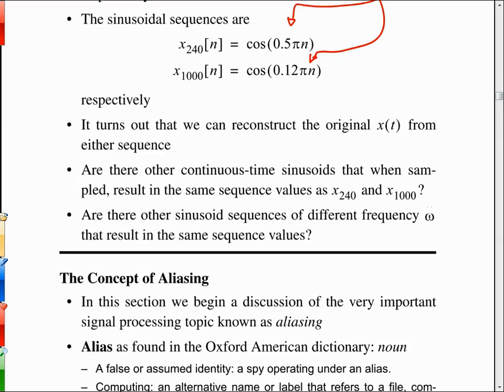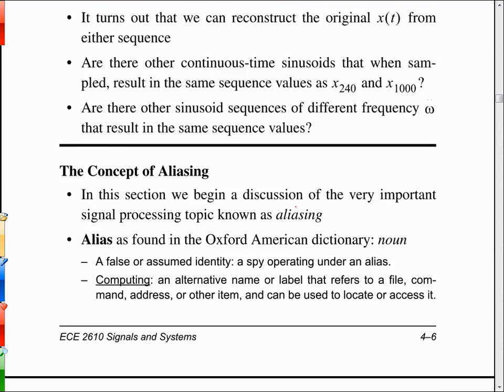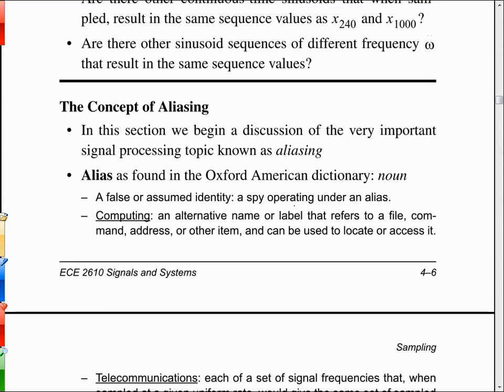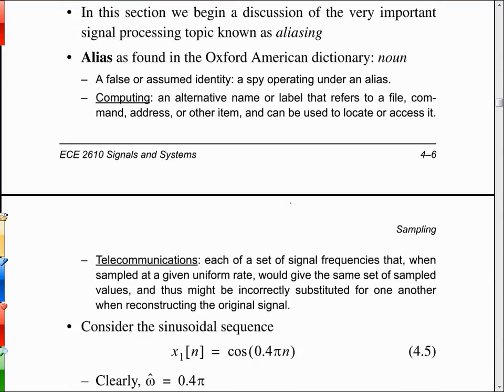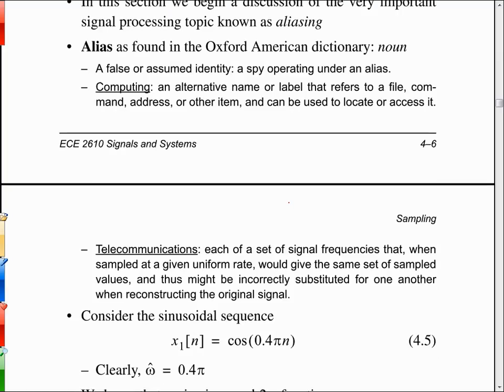Now you're probably thinking, based on last week's lab, there's got to be a limit, and how does all this stuff work out with the aliasing? So that's what we're going to move on to next. So the concept of aliasing, we talked about this briefly last Wednesday, and we looked in the dictionary definition, and we came down to this third piece, the telecommunications portion, is what we're doing here.